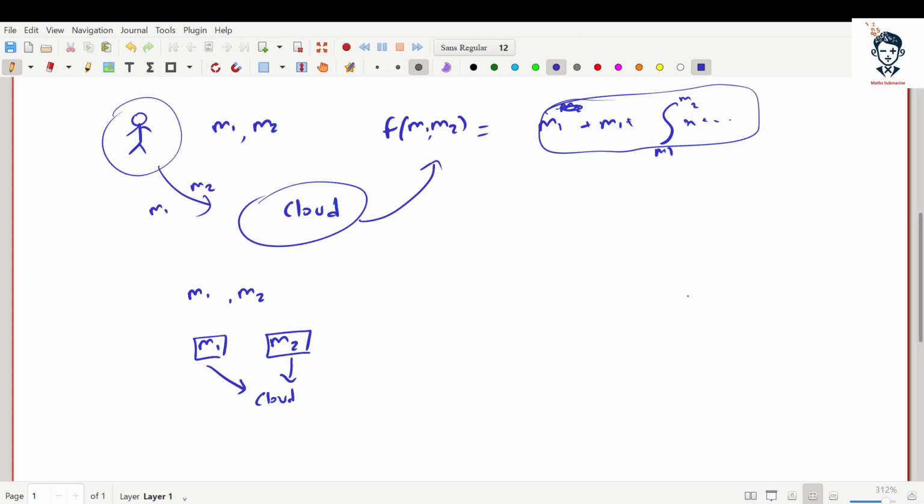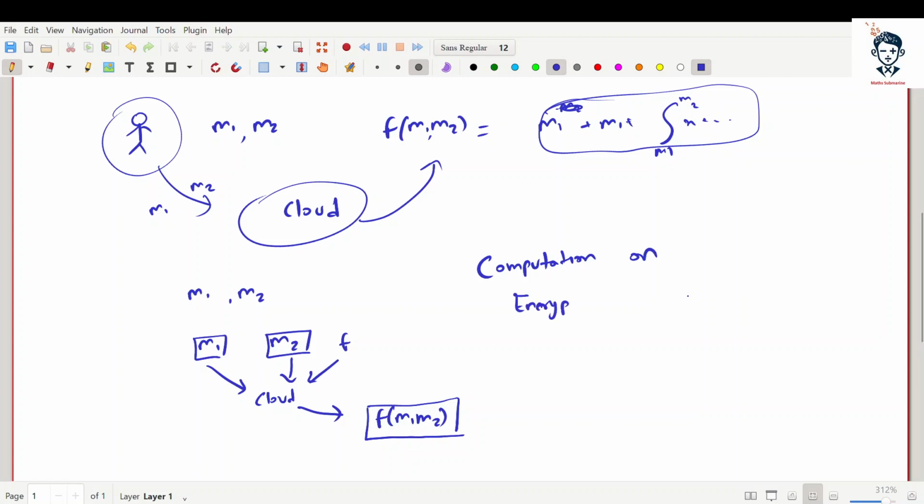The circuit, the function which I want to compute on them, I'll give that function also to the cloud. Then the cloud will compute something, and it will give me this function f of M1, M2, which is again encrypted with my encryption only. That means the cloud is going to perform computation on encrypted data. This is the role of FHE, fully homomorphic encryption.